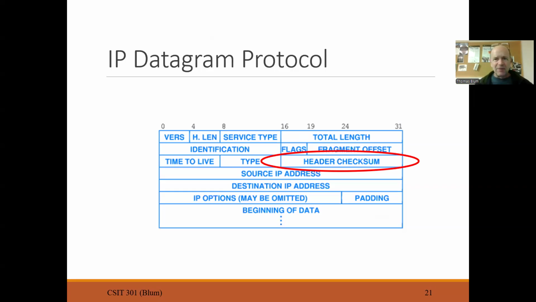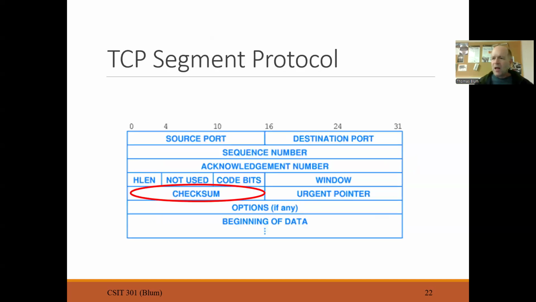Were bits flipped along the way? Then that IP datagram hands its data up to a higher level in TCP/IP, the TCP segment, and it has another check. So in this system of internet protocols and layers, there are checksums at different layers.